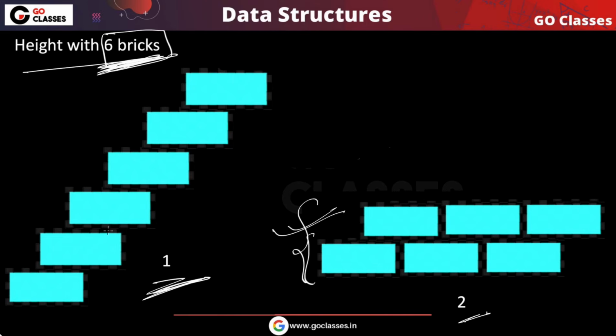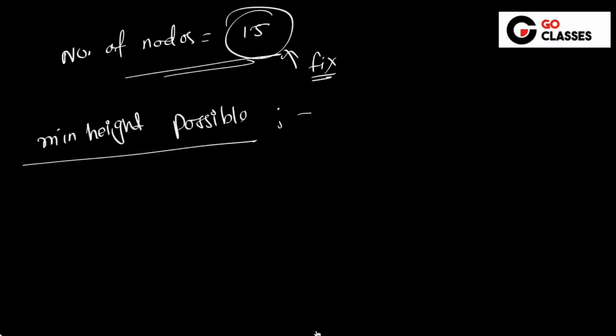Here you are just putting one brick, but here you are putting the maximum bricks per level. Similarly, you will put the maximum number of nodes per level, which means if the number of nodes is fixed to be 15, here you can put 1, then here you can put 2, then here you can put 4. So you will be putting 4 only.